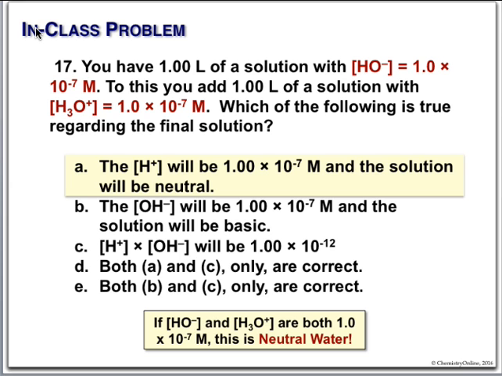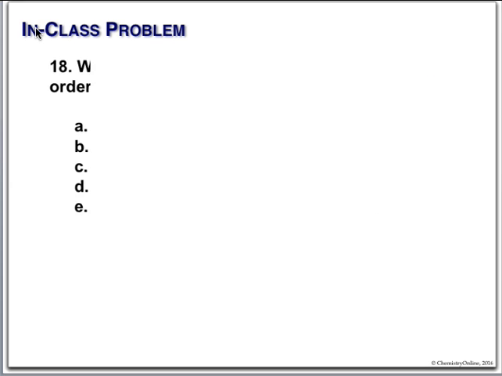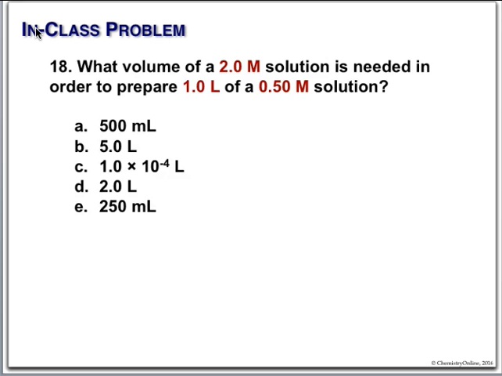All right, this one isn't a trick question. It's a little tricky. We have a 2 molar solution of something. We want to prepare 1 liter of 0.5 molar. So what we're going to do is take our 2 molar solution and dilute it.